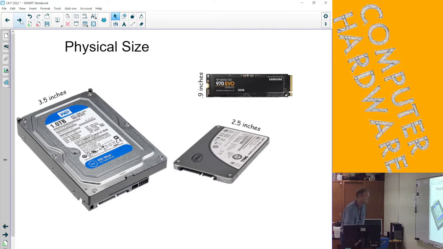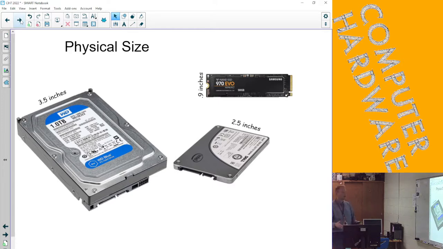Laptop drives and most solid state drives are 2.5 inches. The connections are exactly the same. In this solid state drive, again 2.5 inches, those connections on the end are exactly the same. I can physically unplug one and plug the other one into the exact same spot between these 2.5 and 3.5.